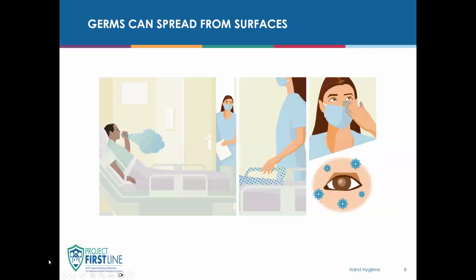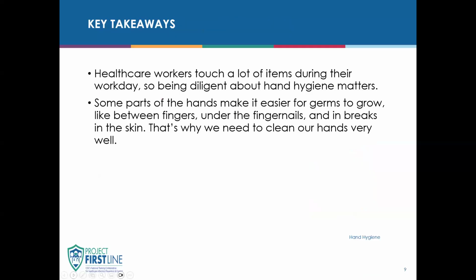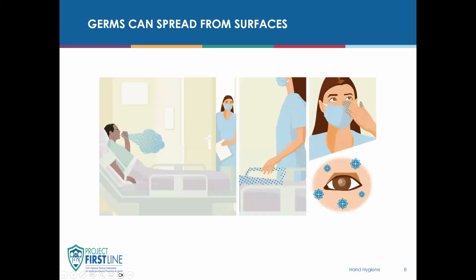Especially with kids starting school. Okay, can you go back? Thank you. Okay, so kids are starting school. They touch everything. They touch their mouths, they touch their hands, they touch their nose without washing.